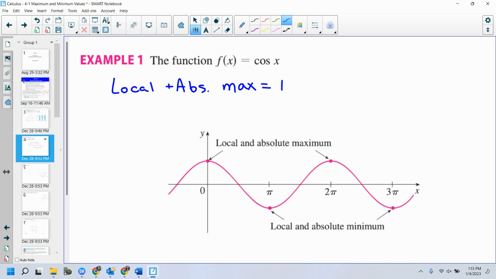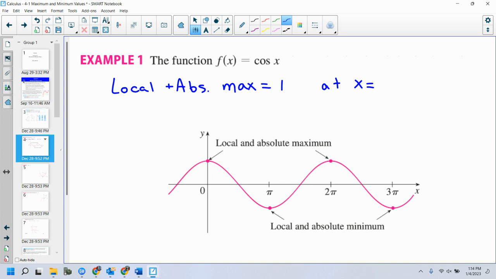Does it matter that it's occurring multiple times? Nope. Because they are still local and absolute maximums. Now, you may be thinking, well, how do I define where they occur? It all depends on how the problem is asked. Like this one, it just talks about exploring them. So if I asked you where they were occurring, you would say at x equals.